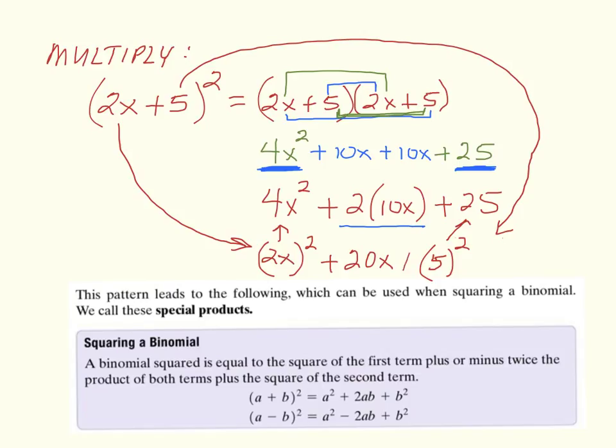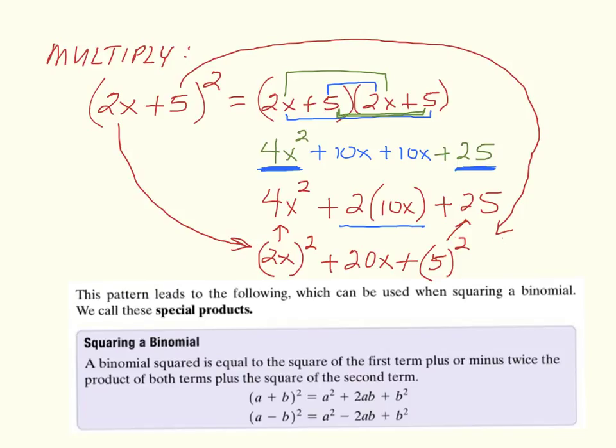So if you recognize this pattern, when we square a binomial, we get something called a perfect square trinomial. Perfect square trinomial. And it works if the sign in my binomial is positive or negative. It's just that if the binomial has a subtraction in it, then you know that your second term in your product is going to be negative.